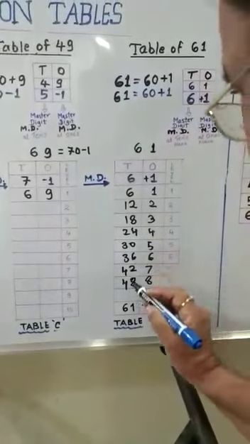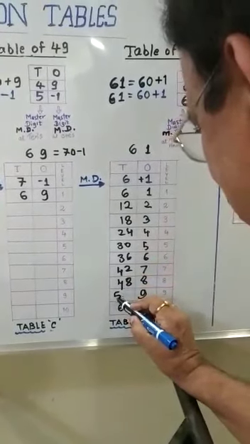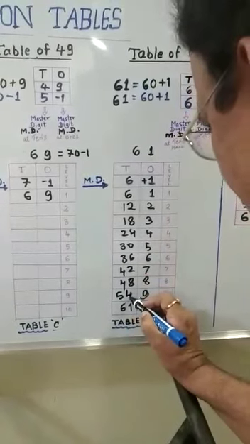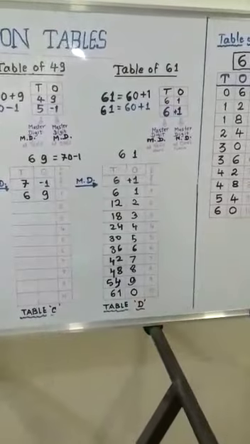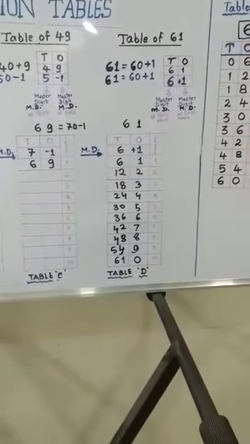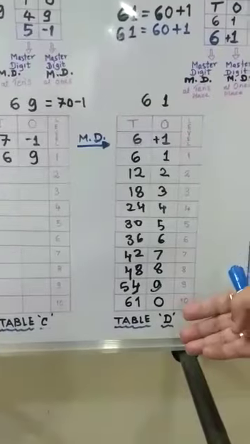Then 48 plus 6, that is 54. The last number we already know, 610. So our entire table of 61, such a difficult number, is also ready.